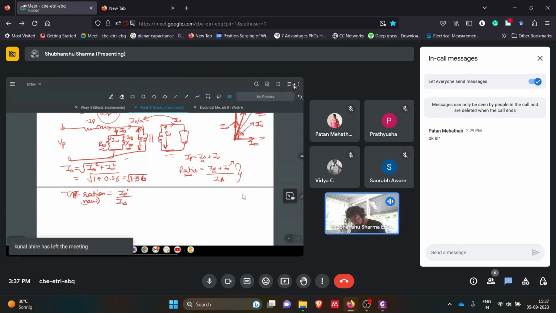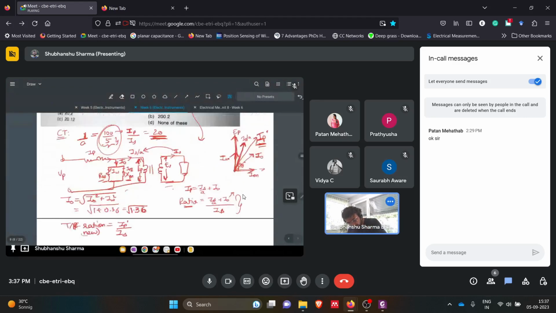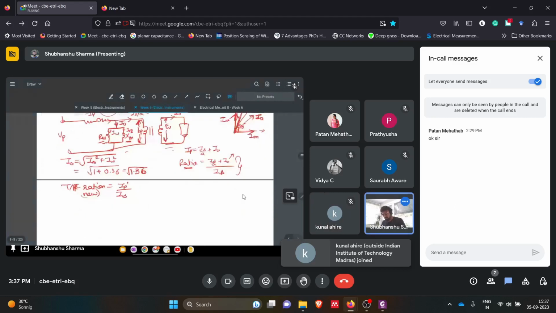So how will we calculate this? We have two vectors. This I naught we know the value of, IS by A we know.